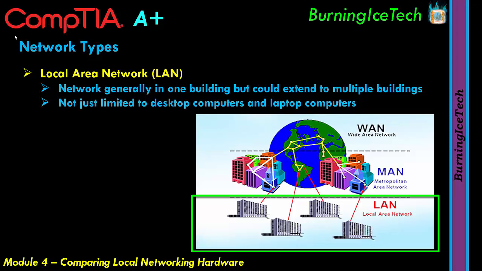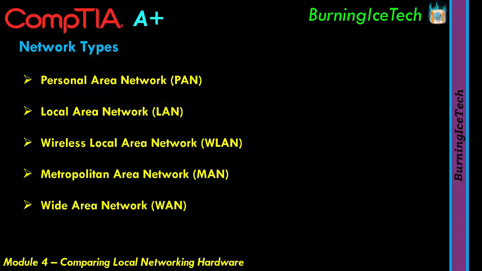And generally, if you're going to link those buildings together, it would normally not be the same LAN. It's actually going to be multiple LANs. So we'll get to this in just a bit again once we start talking about MAN and WAN. Before we do that, let's go back to our list here once more. As you can see, we're not going to talk about MAN or WAN quite yet.